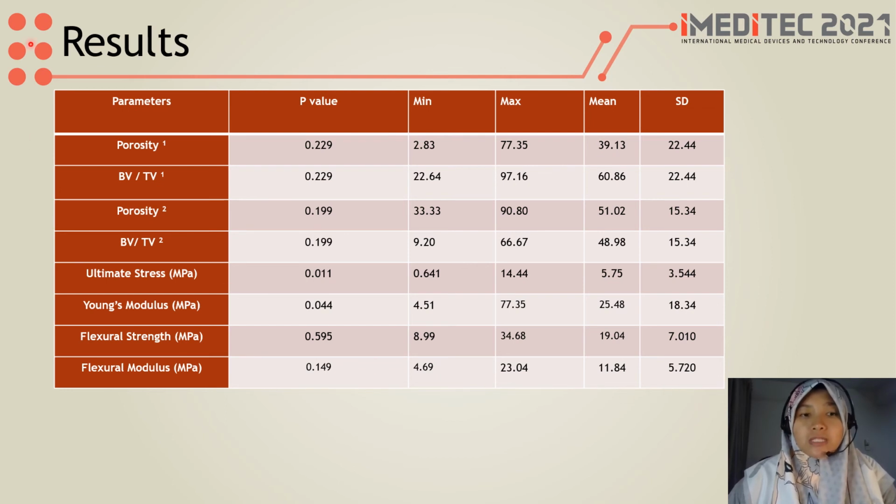From here, it is found that there are differences in porosity and bone volume fraction between the two types of bone specimens, compression and three-point bending, and also different ranges of mean according to different mechanical properties when the cancellous bone specimen is subjected to compression and three-point bending tests.